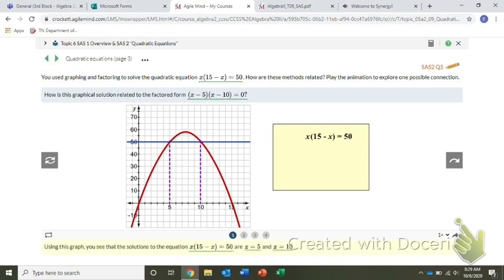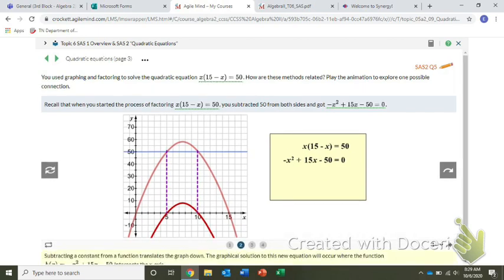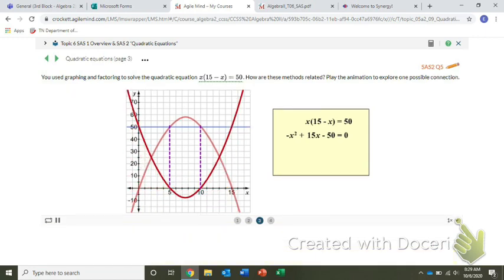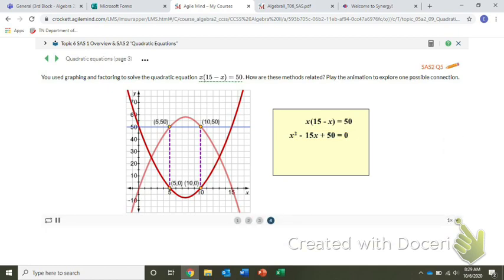Look at number 5. Look, they distributed their X first. Then they swapped the order just like we did because they don't like negative numbers. Then they factored.